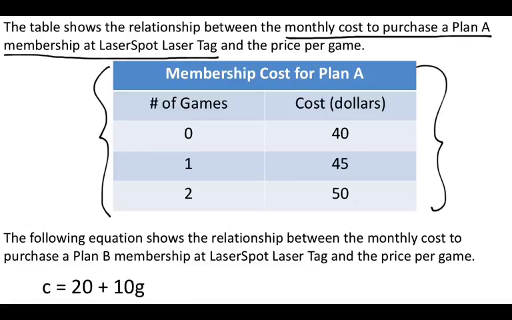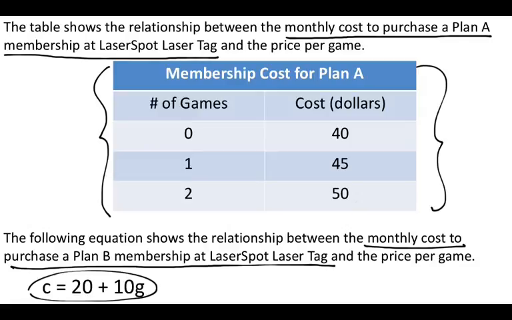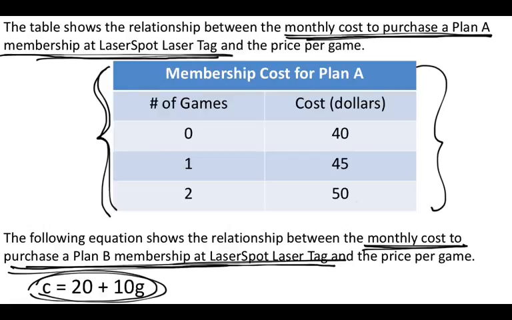And then underneath it, write monthly cost to purchase a Plan B membership at Laser Tag. Then I want you to copy this equation down. So copy the things that are underlined and the table, and then this is underlined, and copy the equation. So hit pause and get that information copied.